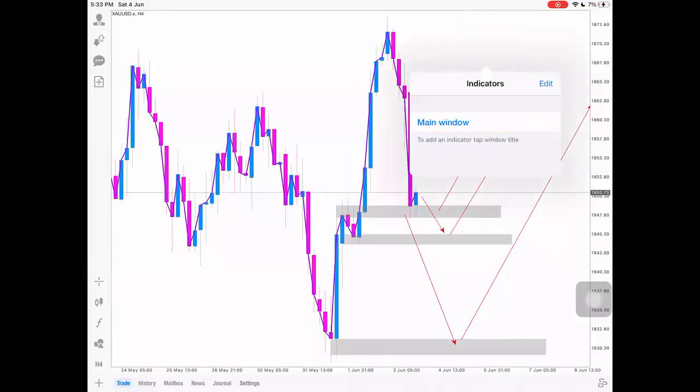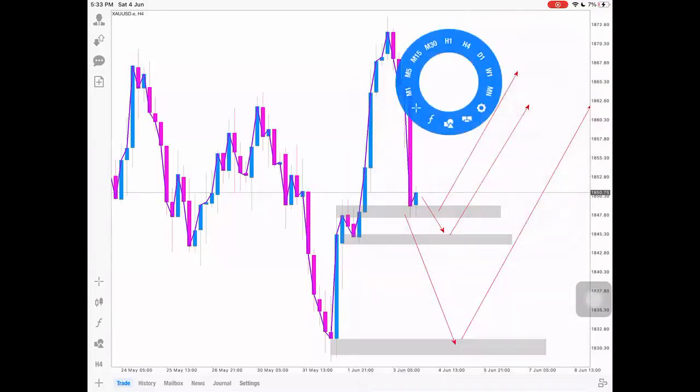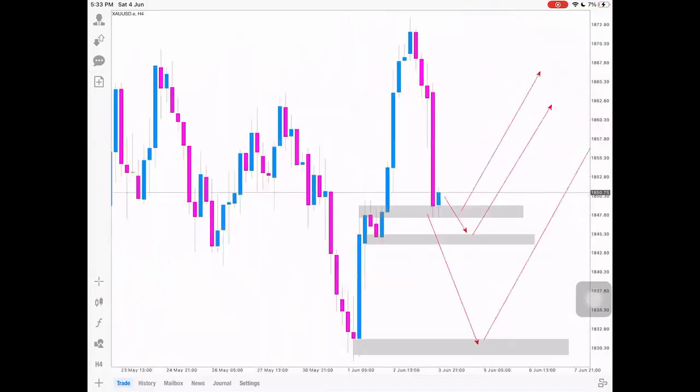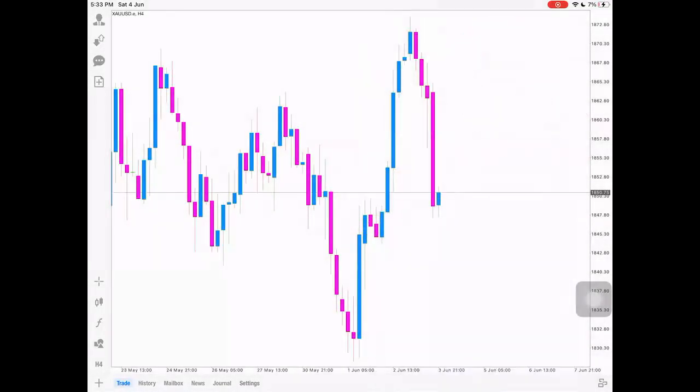If I delete the indicator, it would be removed from the main window. Okay, there we go. This is the raw chart, the clean chart without my line chart inside the candlestick chart as well.